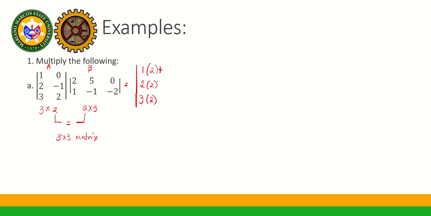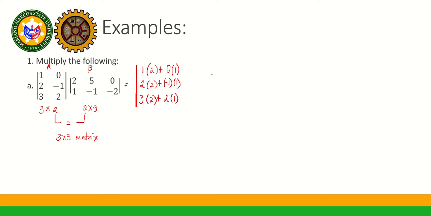Tapos, i-add natin, yung column 2 ng matrix A natin is 0, negative 1, and 2. Multiply natin sa second element ng first column sa matrix B natin. So, this is our first column. So, second element niya is this one. So, multiplied by 1, and then times 1. Okay, remember magiging 3 by 3 matrix to.